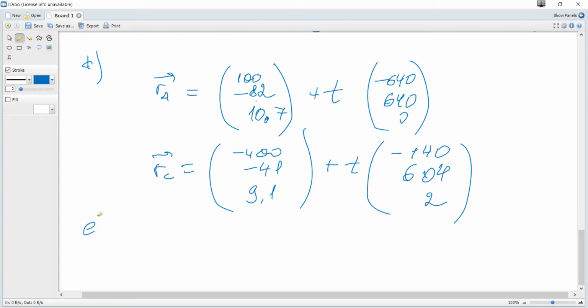And it asks to find the two values of t at which the distance between A and C is 10 kilometers, 5 marks.